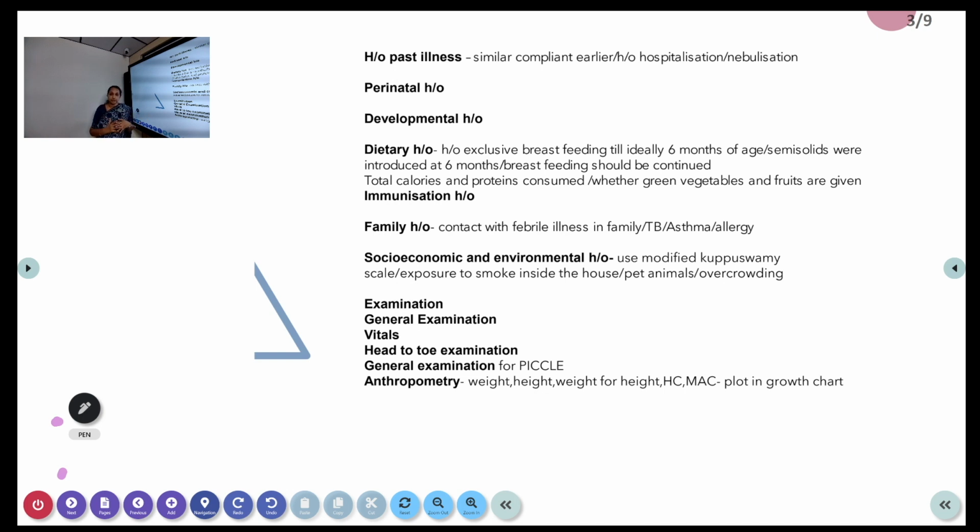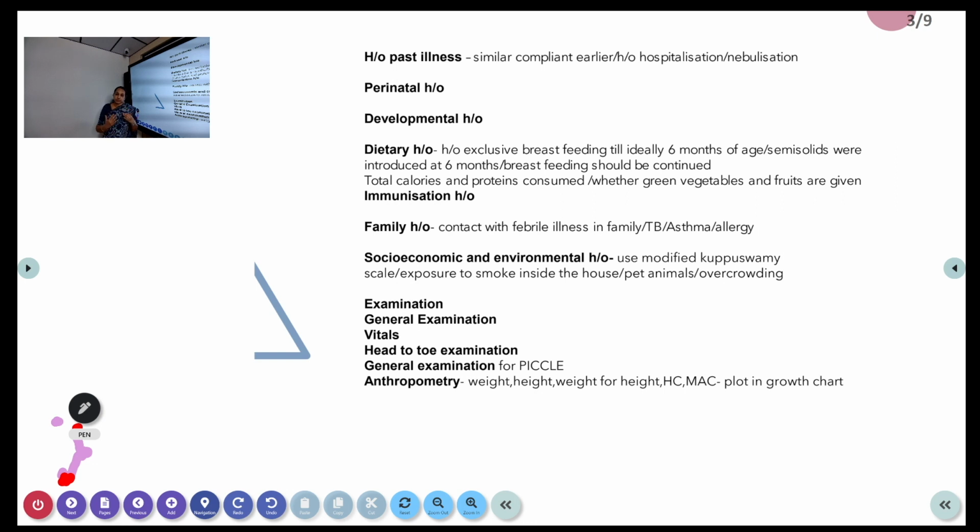Even otherwise, young children below 5 years usually get around 6 to 8 respiratory infections in a year. That is normal. These are mostly upper respiratory infections, like pharyngitis, the common cold or rhinitis, and otitis media, which is also an upper respiratory infection.